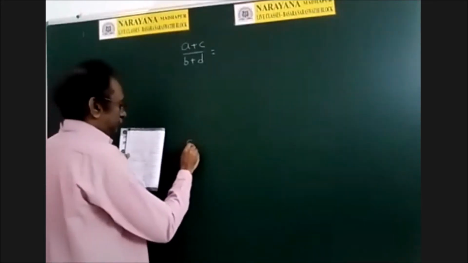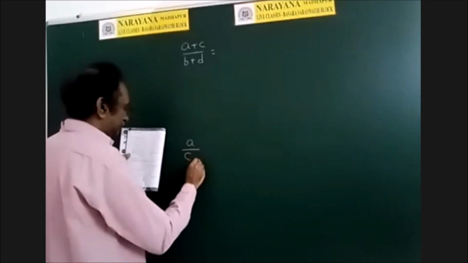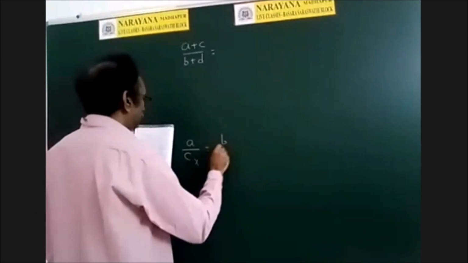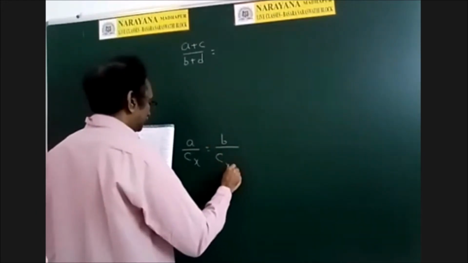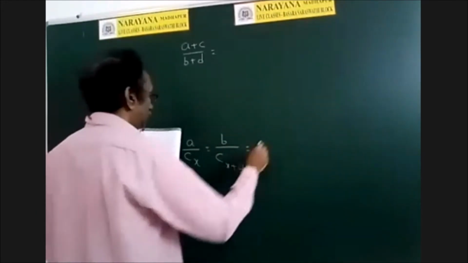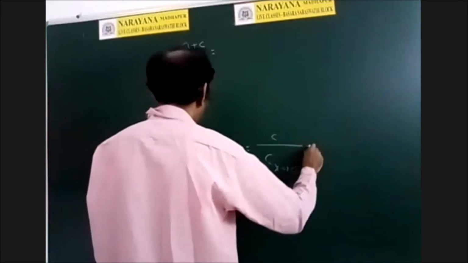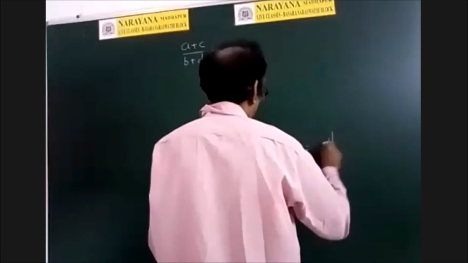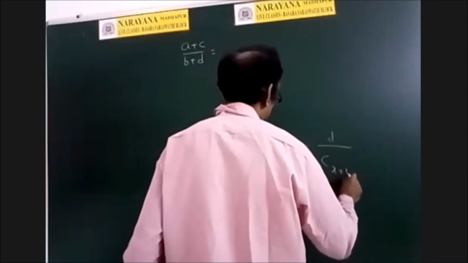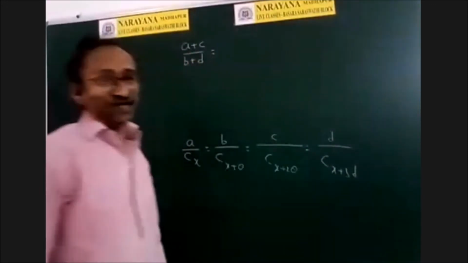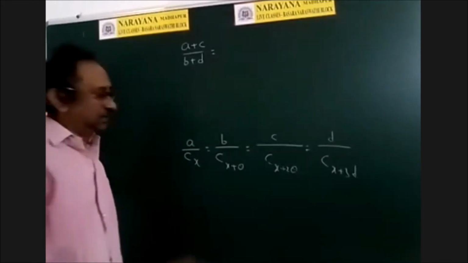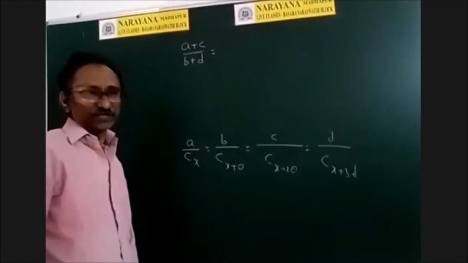See, what is the information given? A by cos x is equal to b by cos x plus theta is equal to c by cos x plus 2 theta is equal to d by cos x plus 3 theta. Of course, its reciprocals are given, so I have reversed all those expressions.